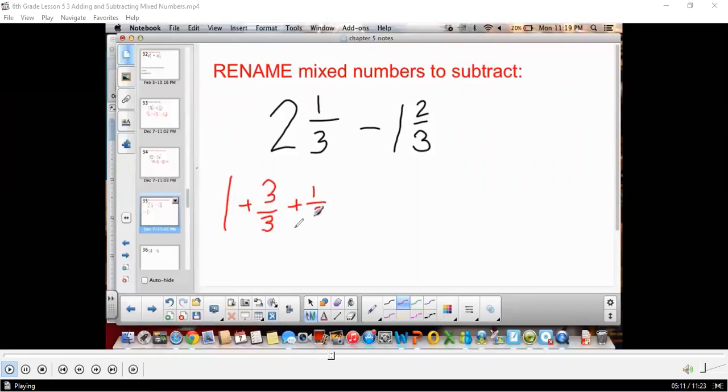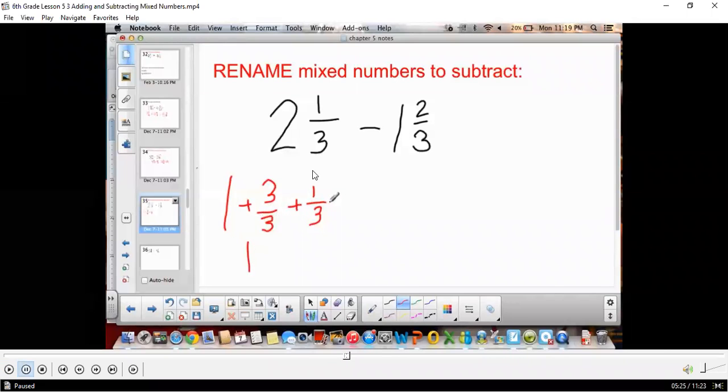Okay, now if I want to simplify all of this, the number will be equal to 1, because this 1 is 3 over 3. If you have a denominator equal to 3, you have 3 out of 3.